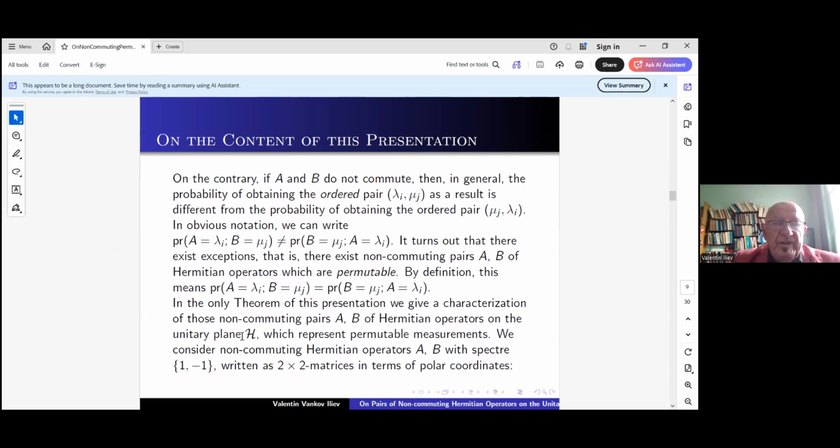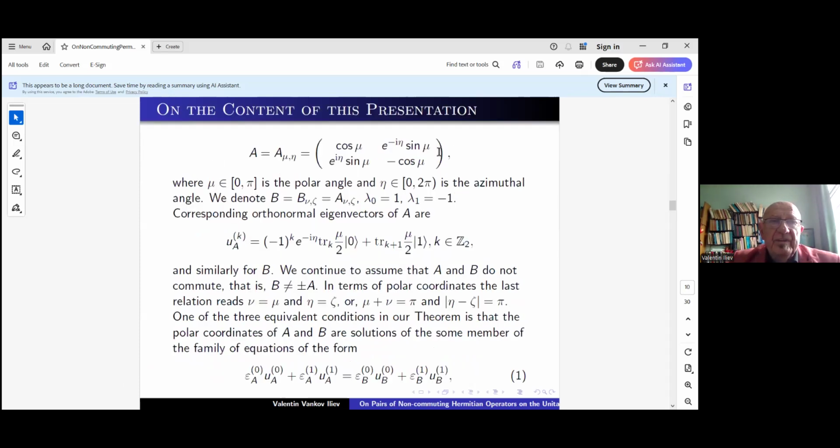So we consider a very particular case when the unitary space is the unitary plane, and we find some pairs A, B of non-commuting operators which represent permutable measurements. So we consider non-commuting Hermitian operators A, B with spectrum 1, minus 1, written as 2 by 2 matrices in terms of polar coordinates.